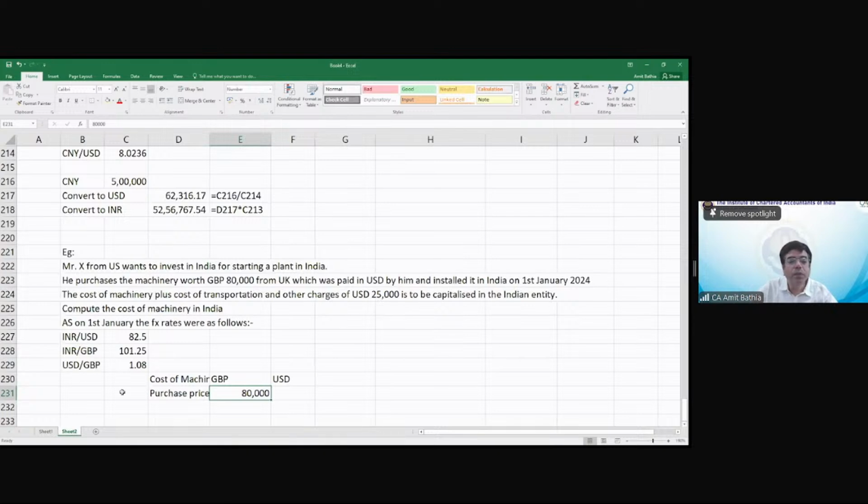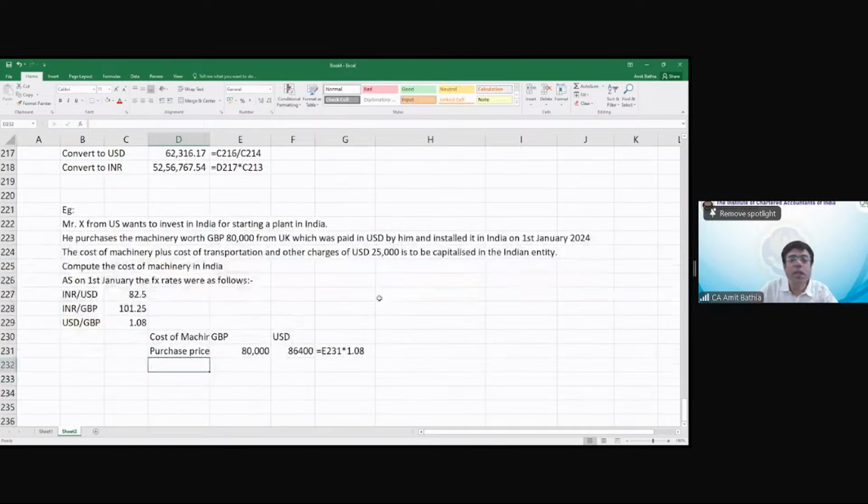So you are going up. So you will have to do multiplication, right? So it is 80,000 into 1.08. It will become 86,400.